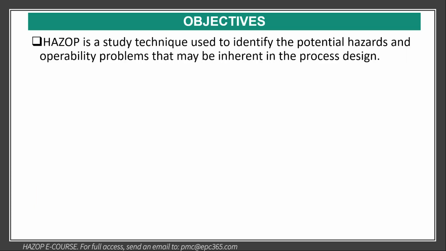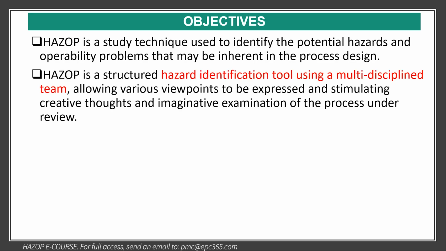So what is the objective of Hazop? Hazop is a study technique used to identify potential hazards and operability problems that may be inherent in process design. Hazop is a structured hazard identification tool using a multidisciplinary team.